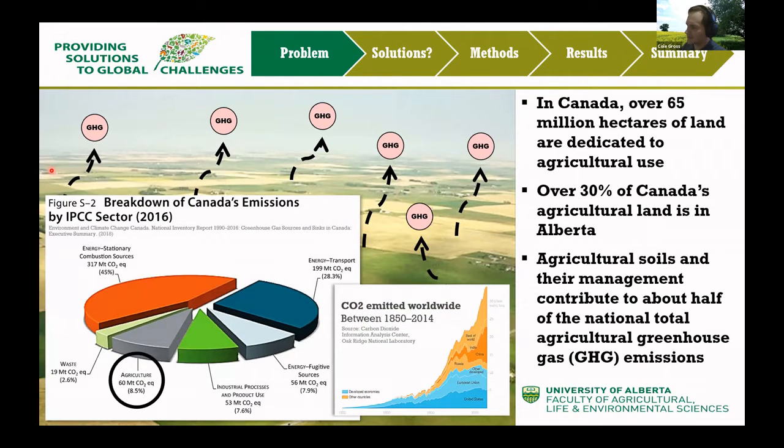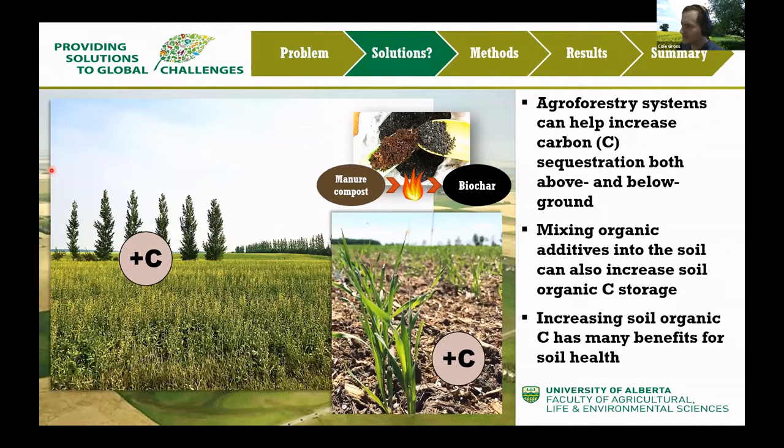These greenhouse gas emissions are contributing to global warming. Agroforestry systems, which deliberately incorporate woody perennial vegetation into agricultural fields, can help increase carbon sequestration both above and below ground. Mixing organic additives into the soil can also increase soil organic carbon storage.